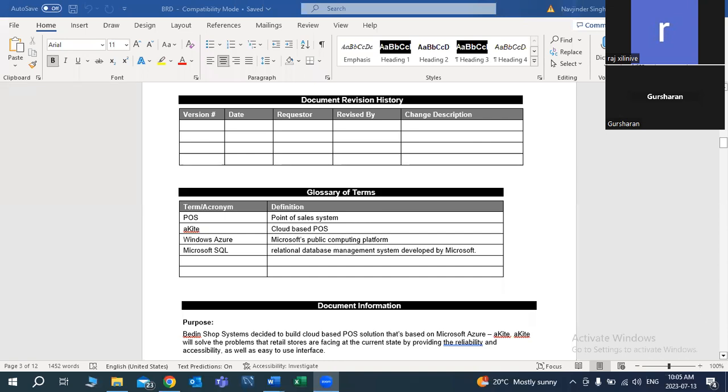Yeah. So I'm going to explain about the business requirements document and how to prepare it. The first section is called document revision history in the BRD.